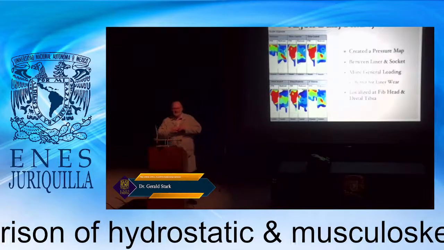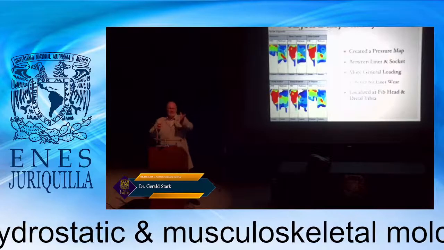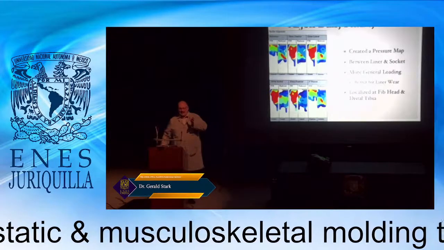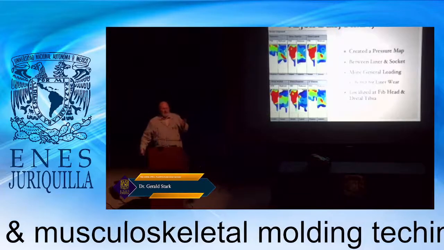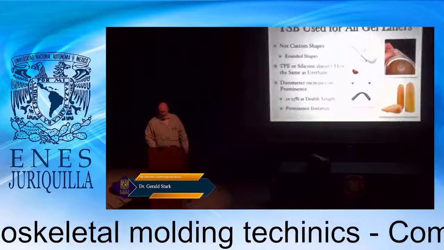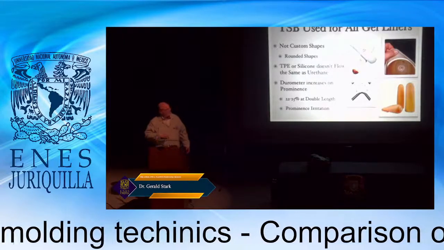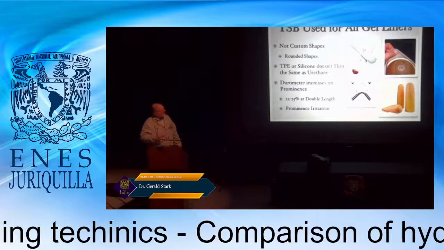But that was intentional. The PTB socket design was intended to load the medial flare more, as well as the medial condyle and the distal lateral fibula. The issue is that TSB, or total surface bearing, has been used almost exclusively for all socket designs.